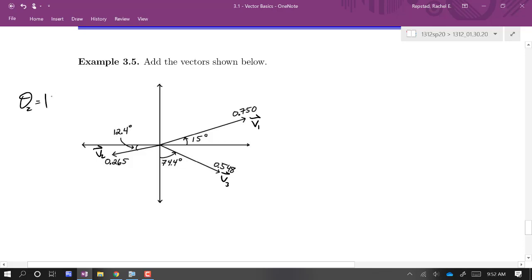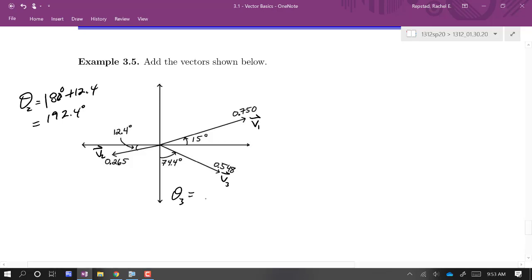Yeah, great. 192.4. And what about for V3? 360... 270 plus. They gave it to us from a vertical reference, right?